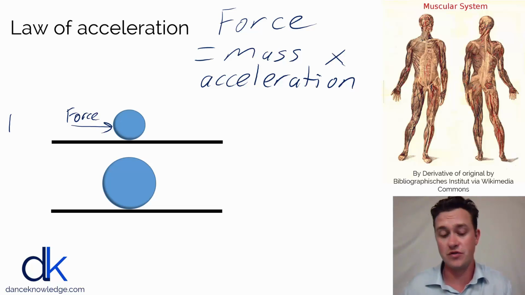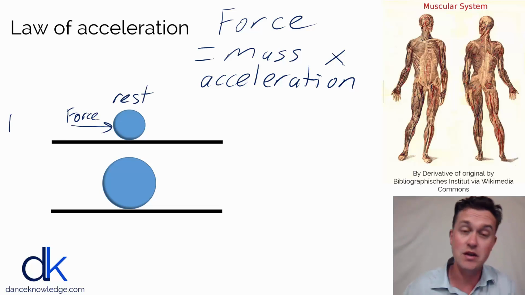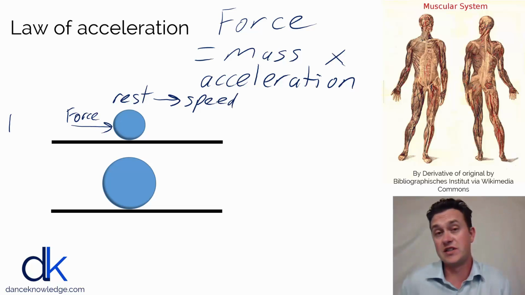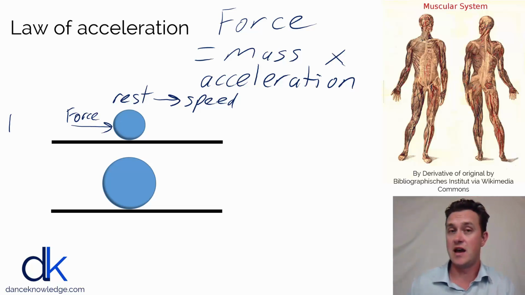just like I described in the law of inertia video, then that ball is going to go from rest, from 0 speed, and it's going to move forward. After the force is applied to it, it's going to have some speed or velocity. And so it's gone from 0 speed up to whatever speed it has.